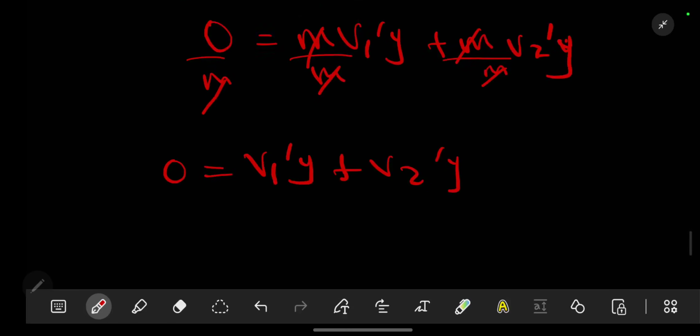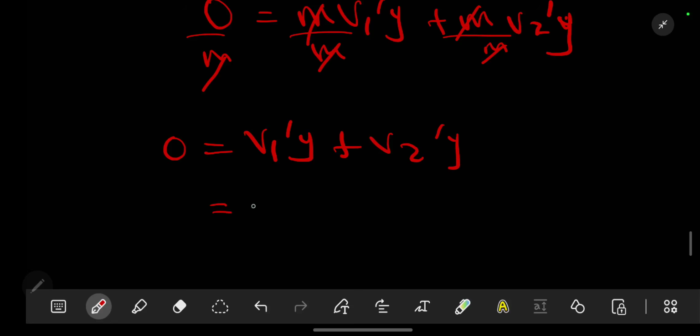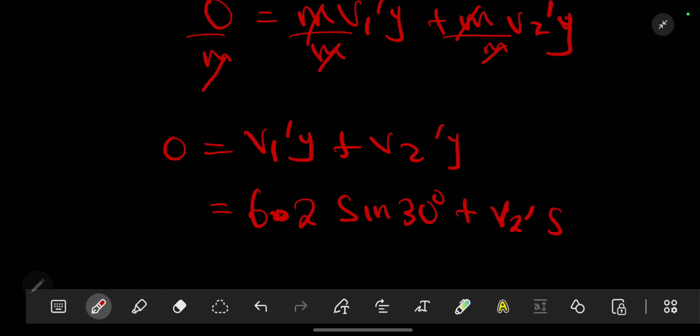Knowing that our v1 is 6.2, as we are told that it moves at 6.2, the y component is associated with the sine of the angle, which was 30 degrees. Then we have plus our v2 cap sine of the unknown angle.